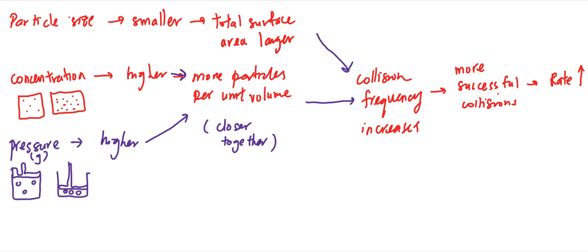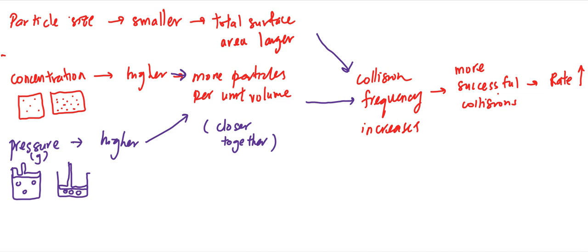Now, this is a 4-mark essay. What happens when the particle size is smaller? When the particle size is smaller, the total surface area exposed is larger, the collision frequency between particles increases, there are more successful collisions, and the rate of reaction is higher. What happens when the concentration is higher?